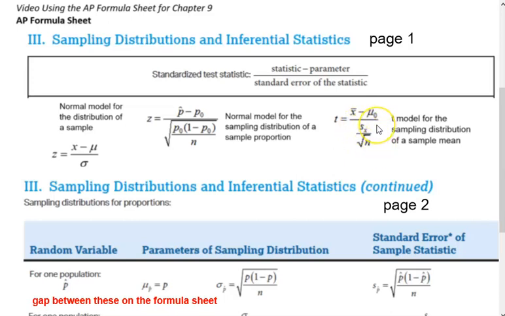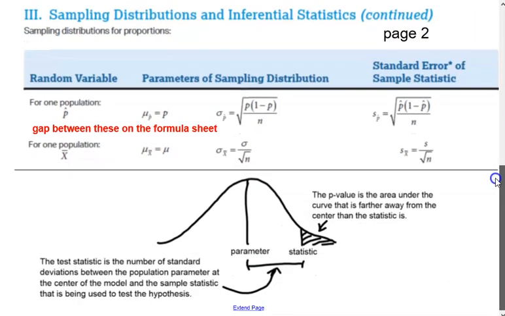So if you know your statistic and your parameter, those go in the numerator, statistic minus parameter, and then the standard error of the statistic you can find on page 2. If you're talking about a sample proportion, the standard error of the statistic is written over here. If you're talking about the sample mean, the standard error for the statistic is right over here.